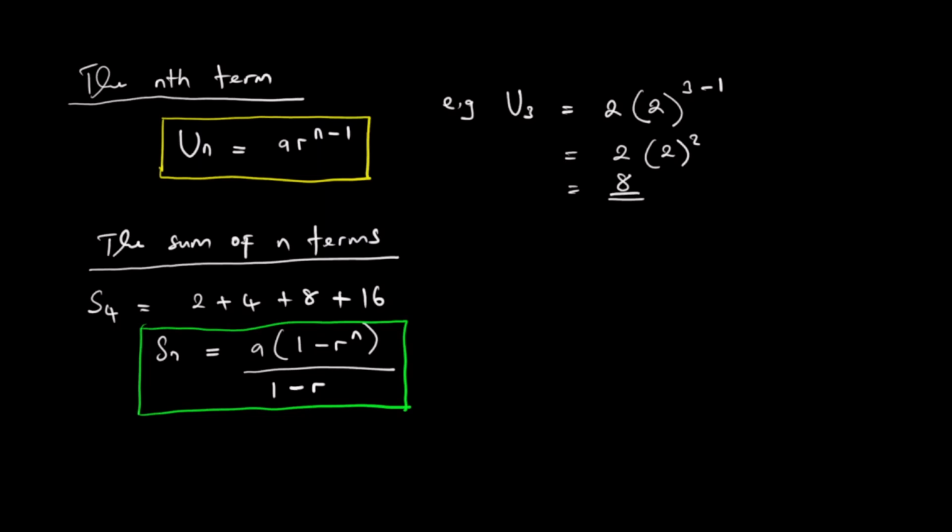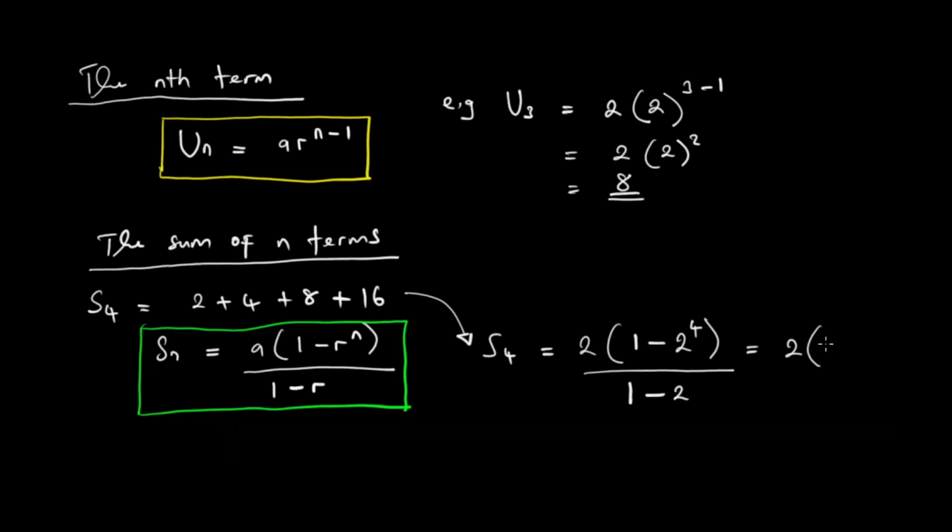Let's use what we have just noted. The sum of 4 terms can be given as the first term, 2, times 1 minus r, which is 2 again, to the power n, which is 4, over 1 minus 2, which simplifies to 2. Then 1 minus 16, since 2 times 2 is 4, times 2 is 8, times 2 is 16.